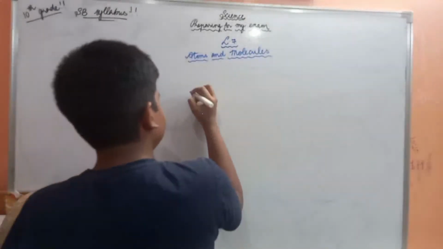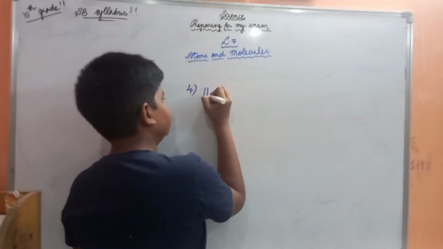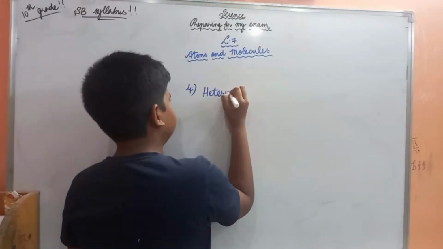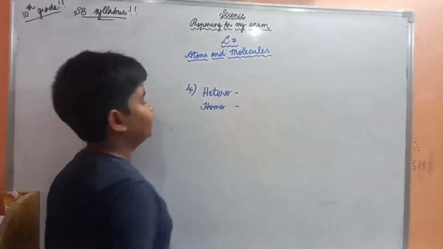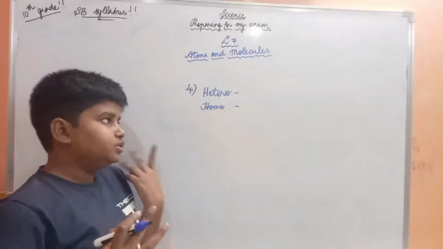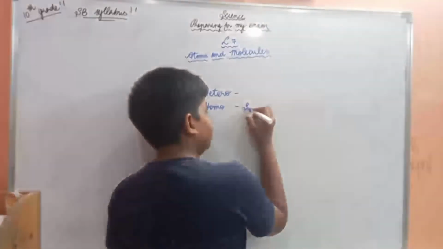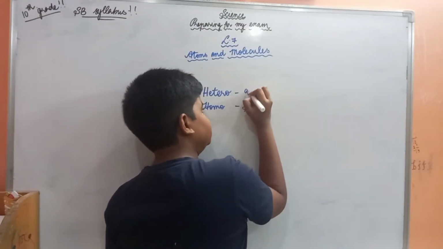Fourth question. So heterodiatomic, hetero, homo. What do you understand from these 2 terms? Homo means same, and hetero means different.